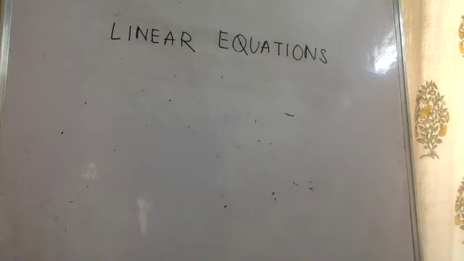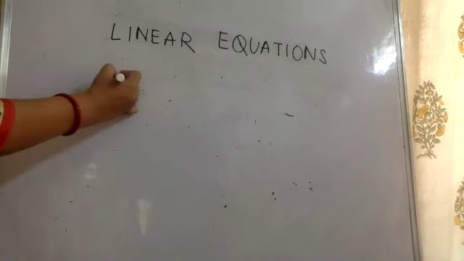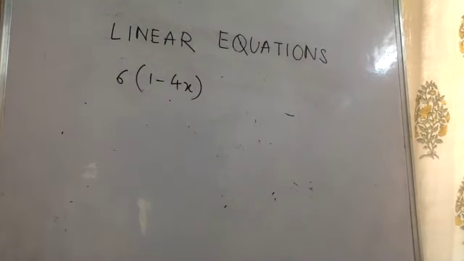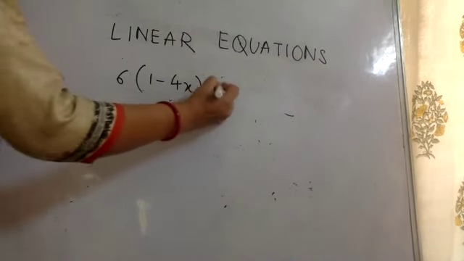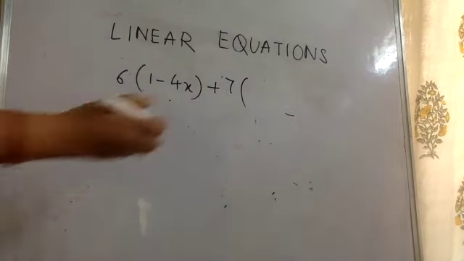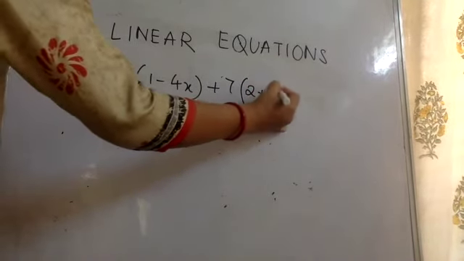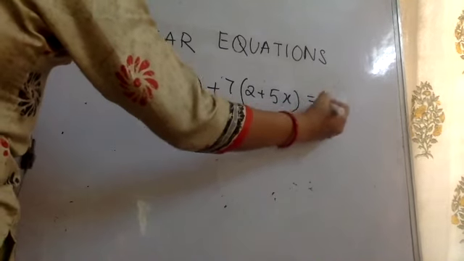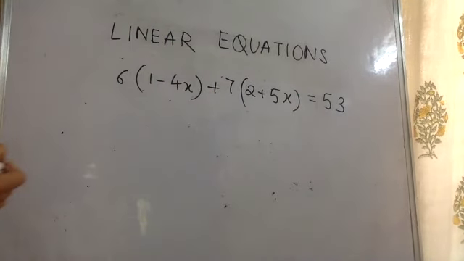The next type of question is going to be 6 times (1 minus 4x) plus 7 times (2 plus 5x) is equal to 53.